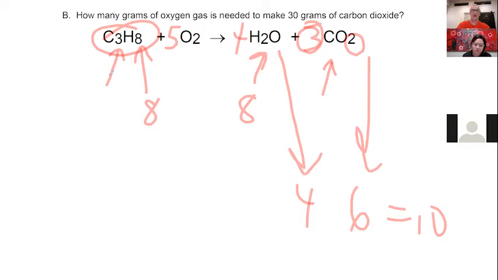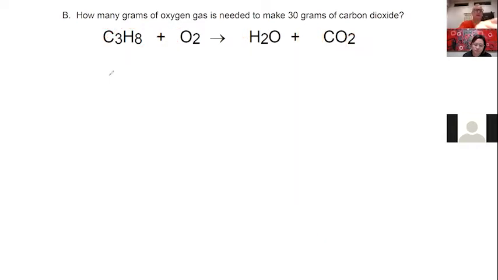The tricky part is if I've got C4H10. Let's do that one. So that is butane. It does the same thing. It uses oxygen to make water and CO2.